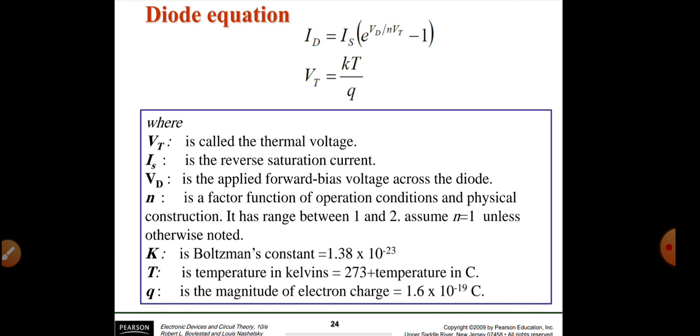T is the temperature in Kelvin, so for normal temperature in Celsius we have to add 273. q is the magnitude of electron charge, 1.6 into 10 raised to minus 19 coulomb, and Vt is called the thermal voltage. Is is the reverse saturation current. Vd is whatever voltage we are applying, like 0.7, and eta is the ideality factor. Normally its range is 1.